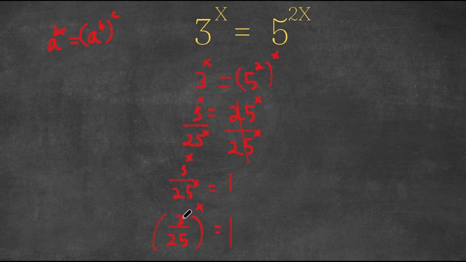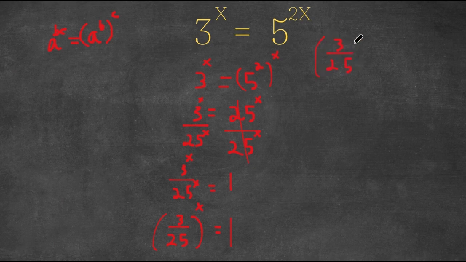Because the x just applies to all our numbers here. So this is equal to this. And now what we want to do is make our bases the same. So another way to write 1 is 3 over 25 to the power of 0. And that way, both our bases would be the same.